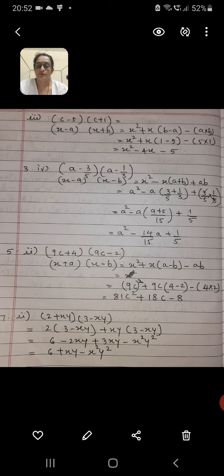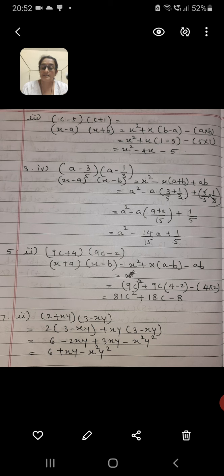Next, seventh question: 2 plus xy and 3 minus xy. Now here there are 3 terms, 2, xy and 3, but xy, once it is negative, once it is positive.